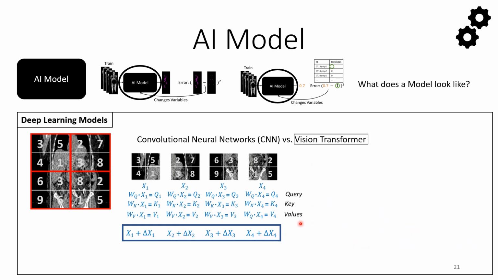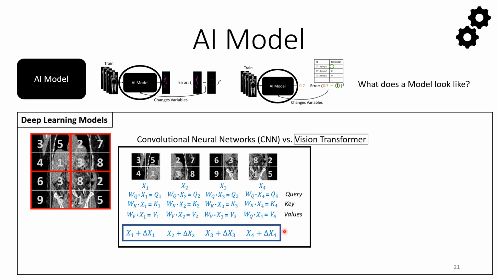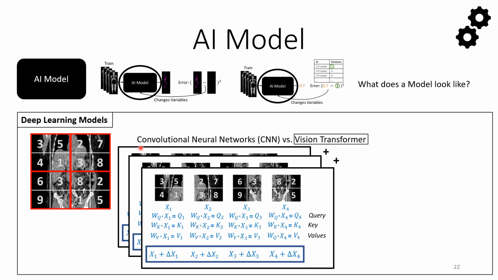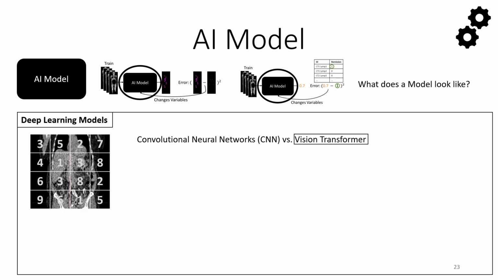Okay. And this is the thing which happens in a transformer. And this happens a lot, one after another. So it's basically a lot of multiplications and stuff with matrices with some variables. Okay. So this is the vision transformer.